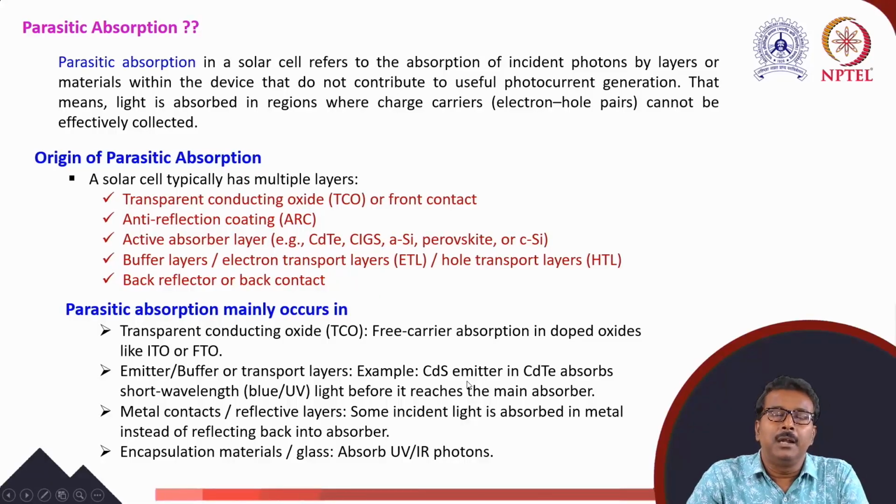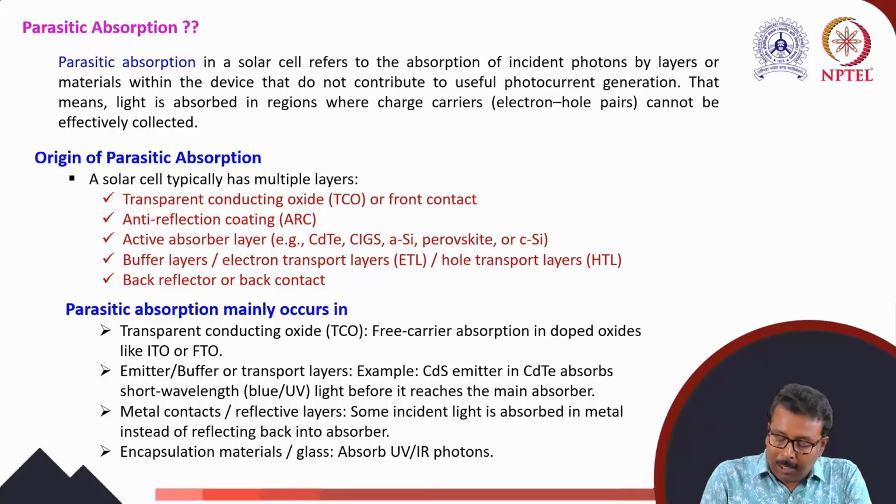CdS is the emitter layer for a cadmium telluride based thin film solar cell, where CdTe is the main absorber, but CdS can absorb some short wavelengths, that is blue or UV light, before it reaches the main absorber, because short wavelength light is mainly absorbed near the surface.